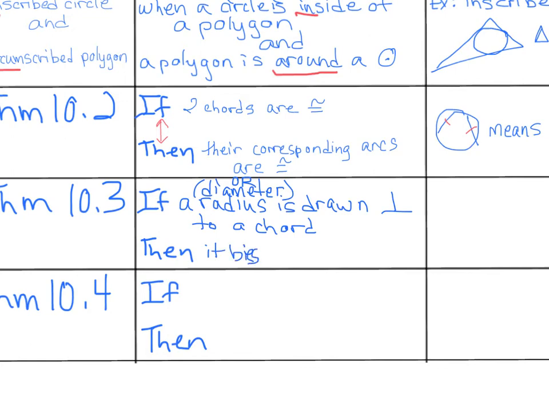Ooh, I can't spell. Hang on. Let's try that again. It bisects. So remember, that means it cuts it into two equal halves.